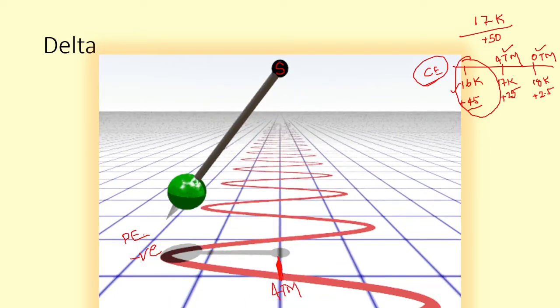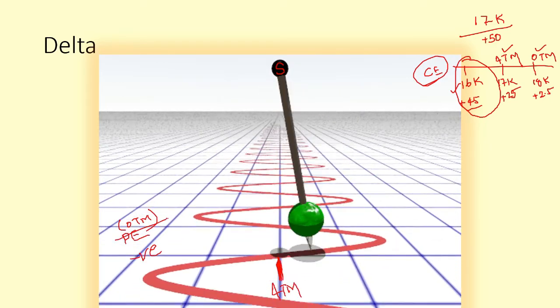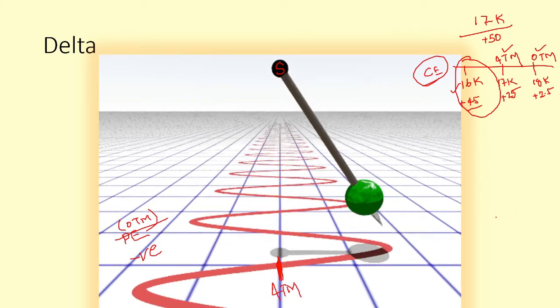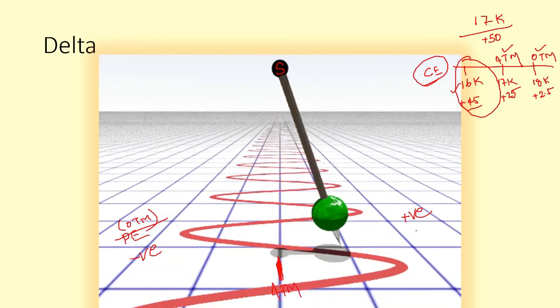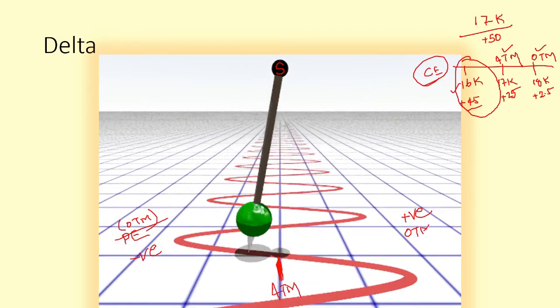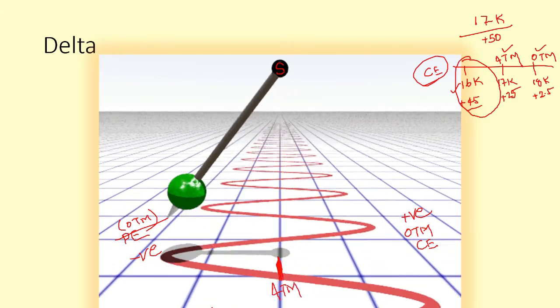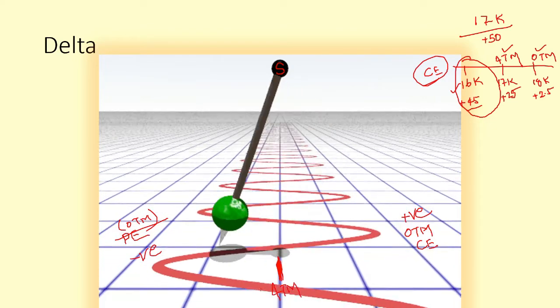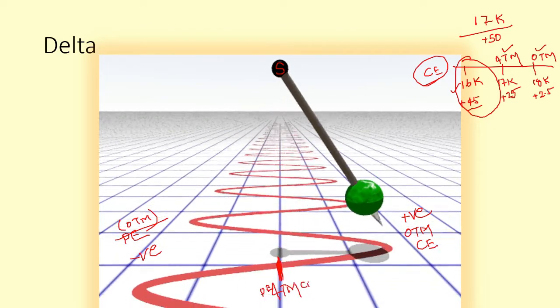This is the out of the money put, and we can assume that this side is positive and it has out of the money call options. And here we have at the money put as well as at the money call options.